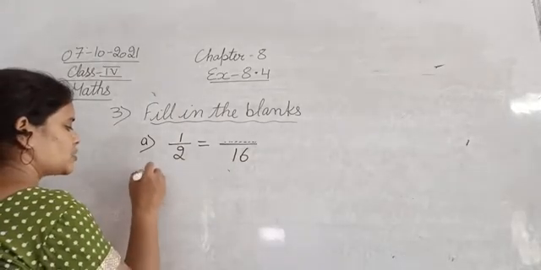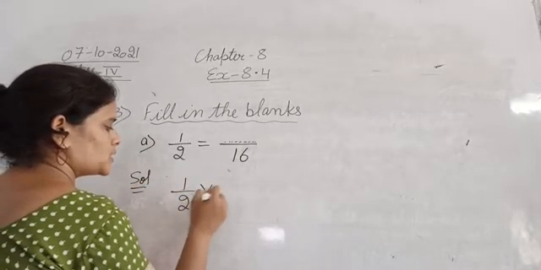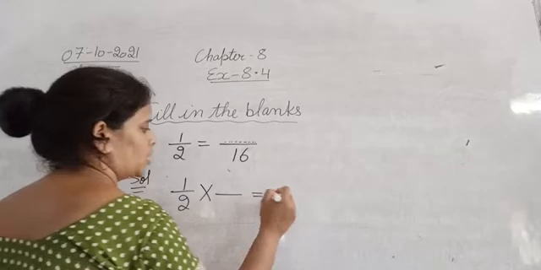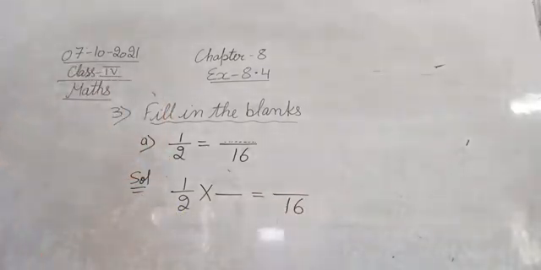Okay, so I am just writing the solution. So 1 upon 2, you have to multiply with some number so that you can get 16 as your denominator.